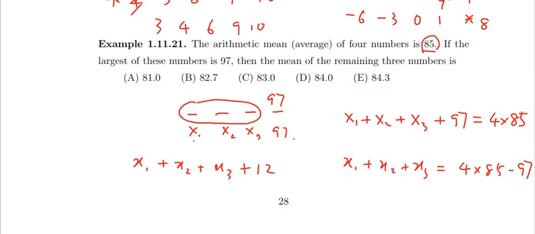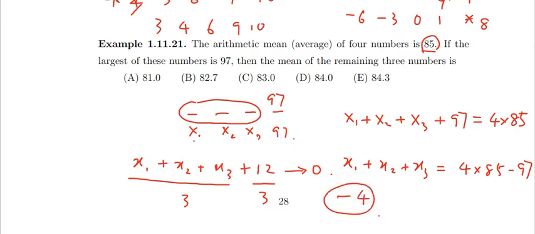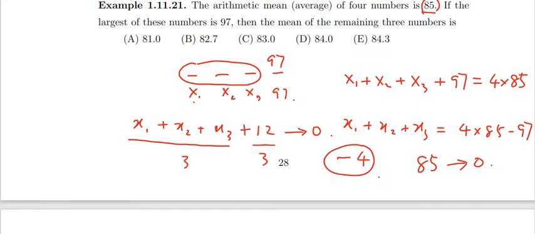So the sum equals 0, right? Dividing by 3, this average is -4. Since we set 85 as 0, this -4 actually means 81.